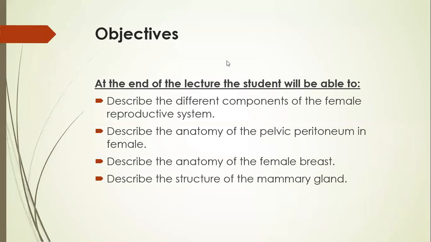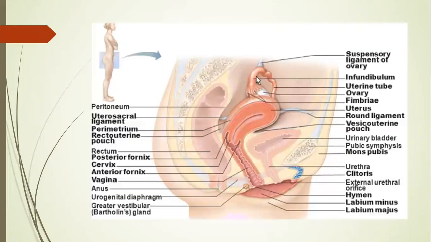We will discuss this topic under the following headings: describe the different components of the female reproductive system, describe the anatomy of the pelvic peritoneum in female, describe the anatomy of the female breast, and describe the structure of the mammary gland.